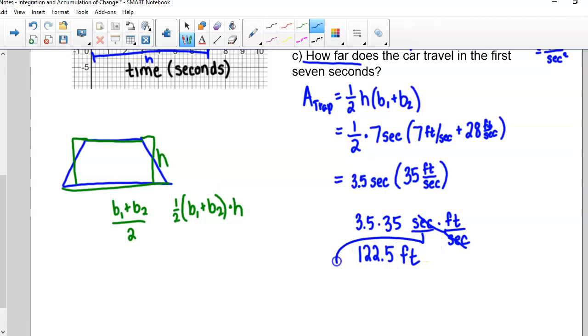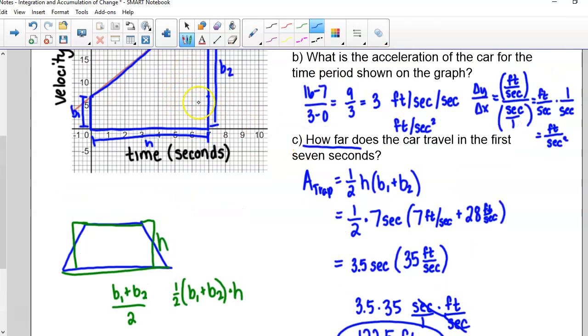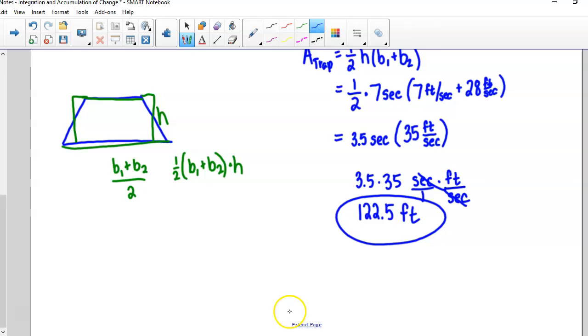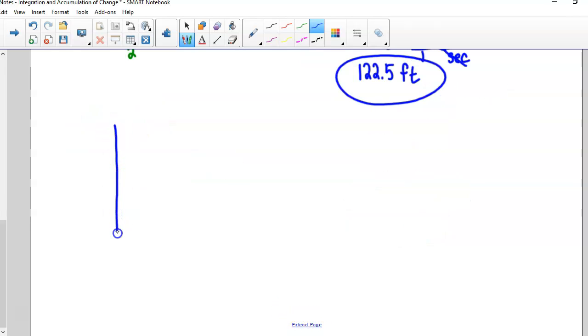Okay, so what happens if I have a velocity formula and I take the area under that curve, it goes back to the position formula before it. It is a little bit easier to think of if you're thinking of a straight line.